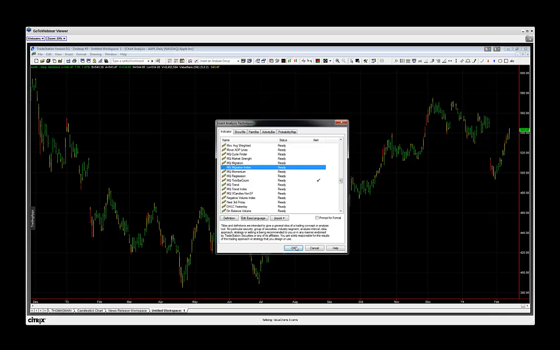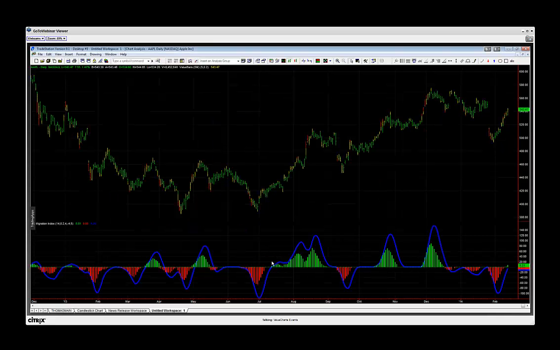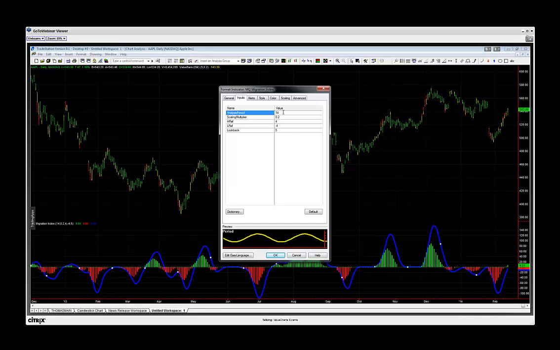The MQ migration index. This is similar to the MQ migration. It's measuring a similar thing. It's looking at the high reference, the over and undervalued prices. Again, with your settings, you're looking at your analysis period. You can use anything between a 5 and a 50. The longer the analysis period, the smoother it's going to be.